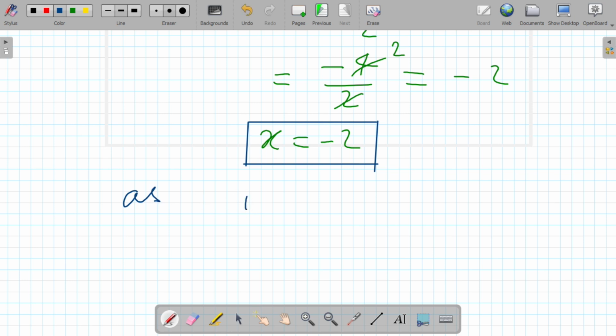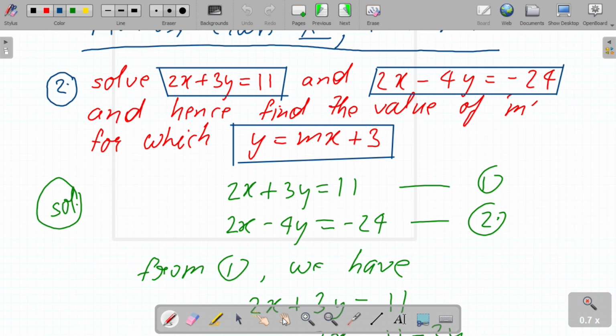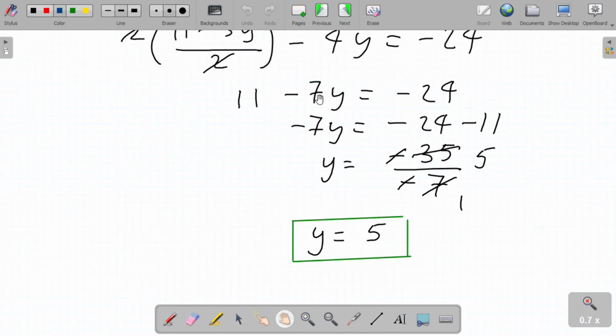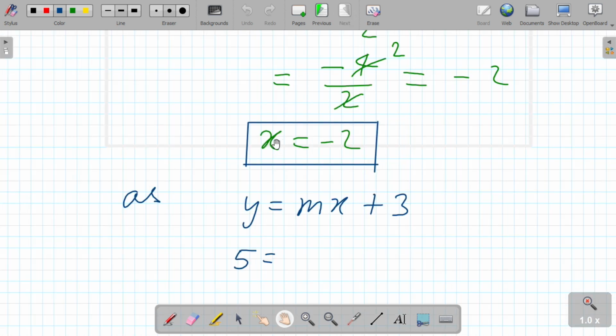In place of x we will write minus 2 and in place of y we will write 5. Y is 5, x equals minus 2. So what will be the value of m? This will become 5 equals minus 2m plus 3.